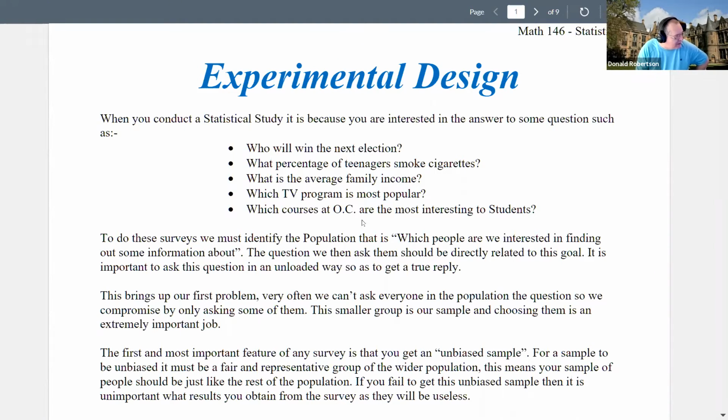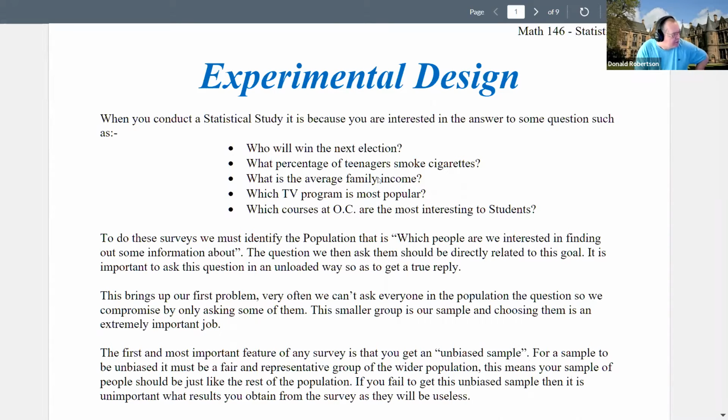So we are now going to look at how we conduct data collection. It boils down to two techniques: one is experimental and the other is called observation.